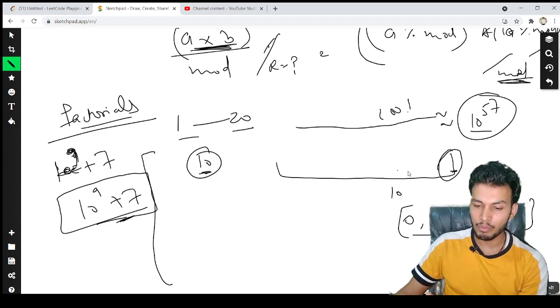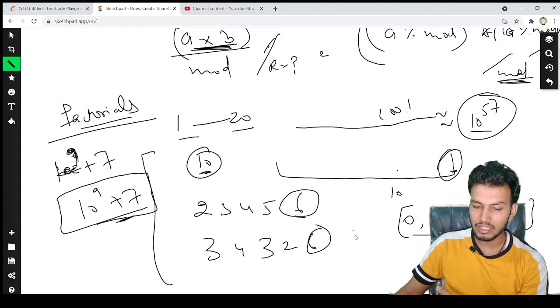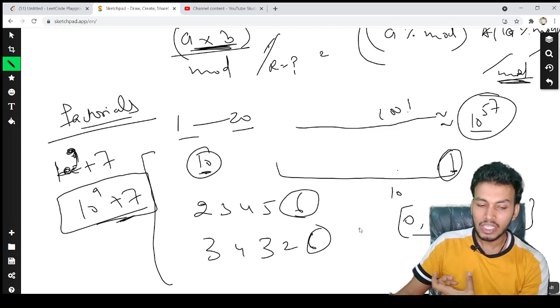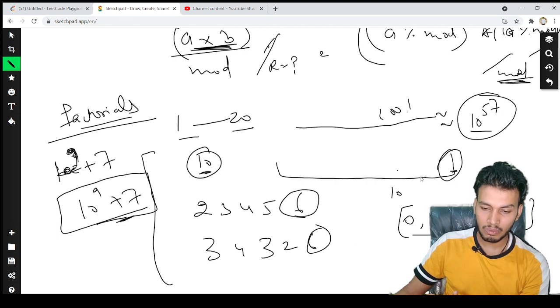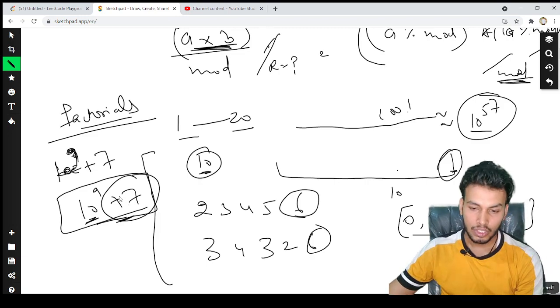There is a possibility that the answer is 23456 and your answer is 34326, so the last digit still matches. So to increase the precision, they increase the mod value. Now you may ask, why this plus 7? We'll come to that as well, don't worry.